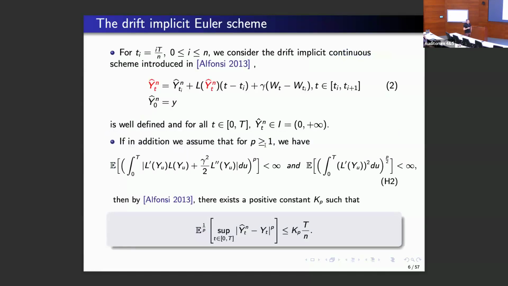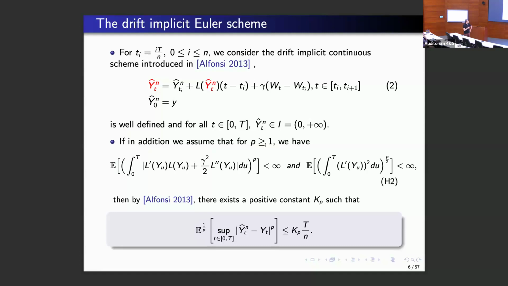So the idea by Alfonsi is to consider, since we have additive noise, that one can think that simply applying an Euler scheme is enough, right? Because since you have additive noise, your strong error is of order 1, which is optimal compared to the Euler scheme in the multiplicative case, which is of order 1 over square root of n.